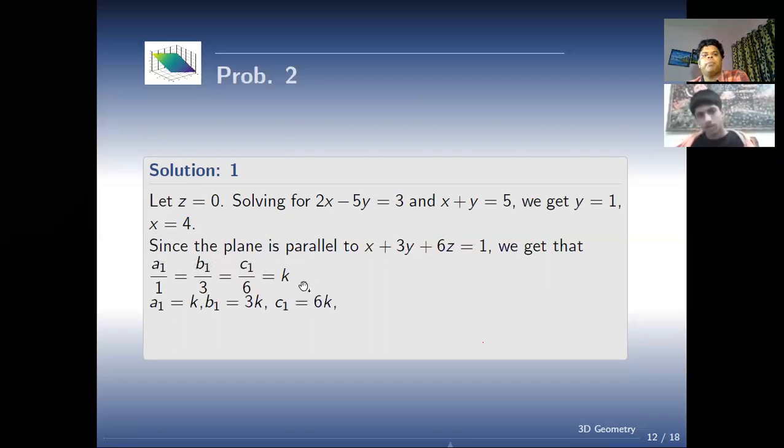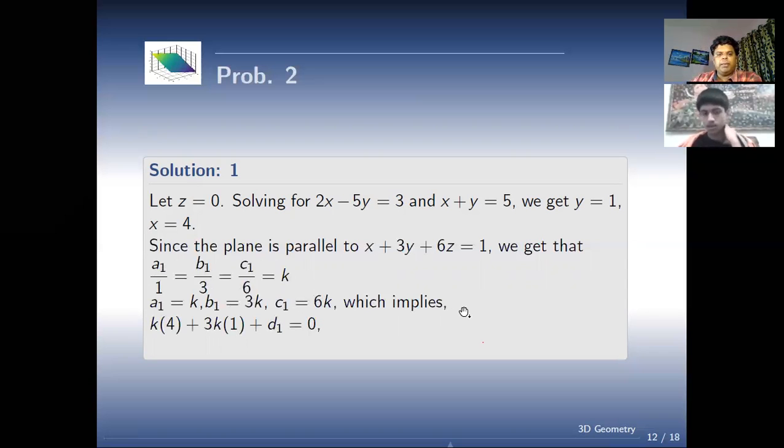Then what happens to a1? a1 is equal to k, b1 equals 3k, and c1 equals 6k. Just by equating a1 by 1 equals k, I get a1 equals k; b1 by 3 equals k, so b1 equals 3k; c1 by 6 equals k, so c1 equals 6k.